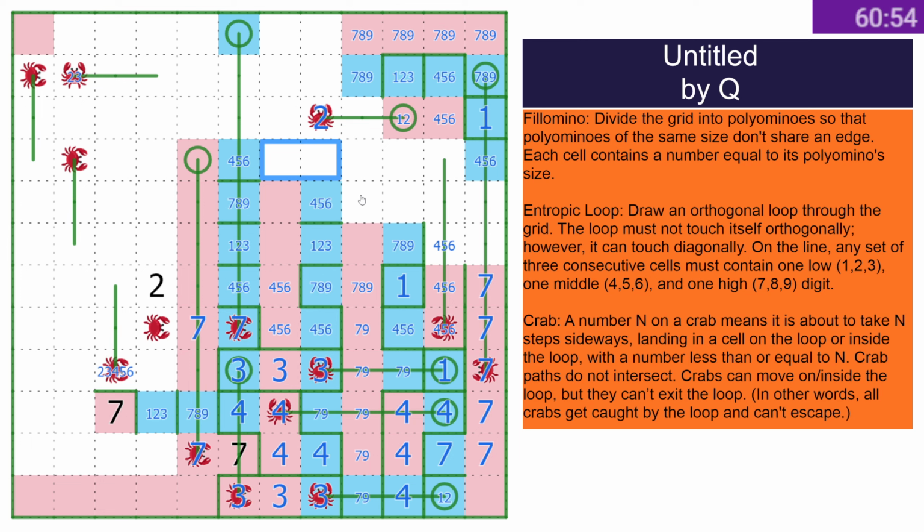So let's prove that it would have to be the case. If this guy turned like that, he'd then have to come up and up again, and then that breaks. So he's definitely coming up like that. If this was pink, then you'd end up with a closed loop on this side. So that's definitely blue, and that does weirdly work.